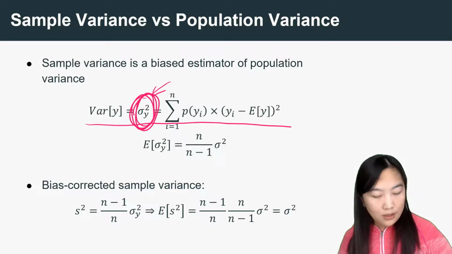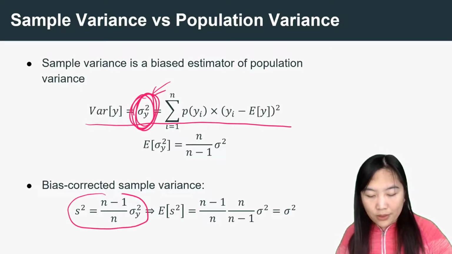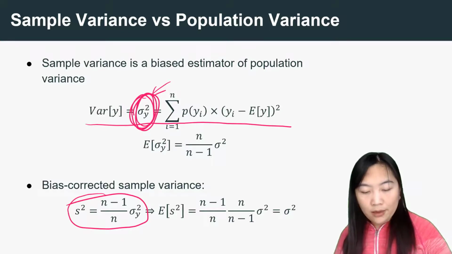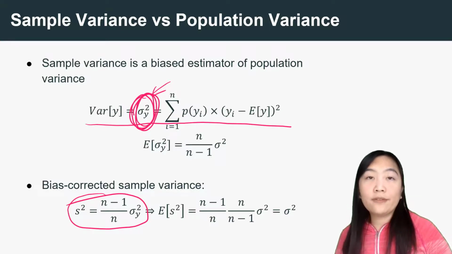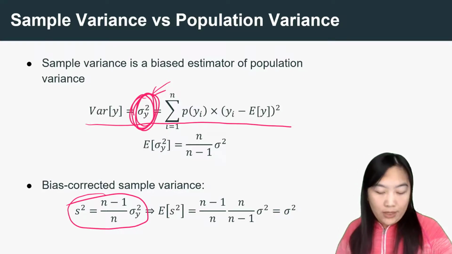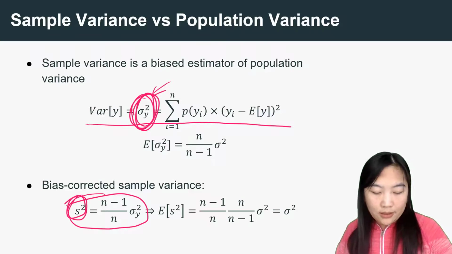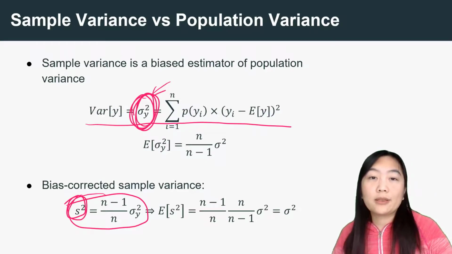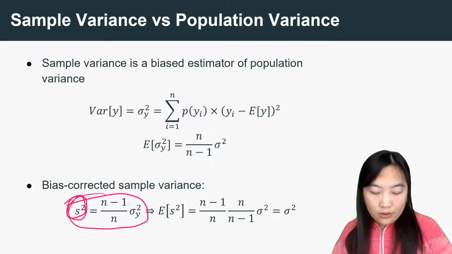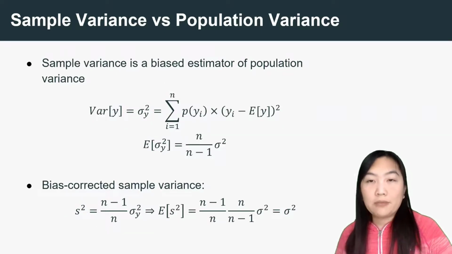You don't need to do one more step here. I hope I made clear the difference between sample variance and population variance, and also why in statistics we sometimes use this bias-corrected sample variance. That is more for the estimation of the population variance.